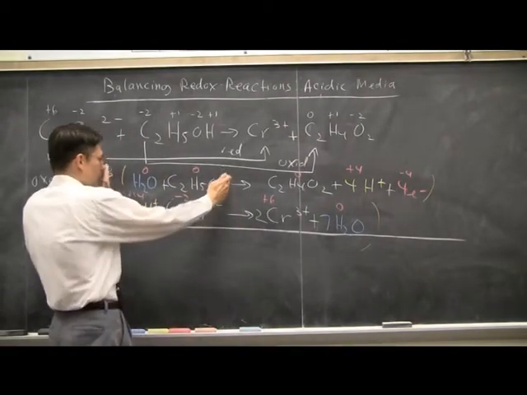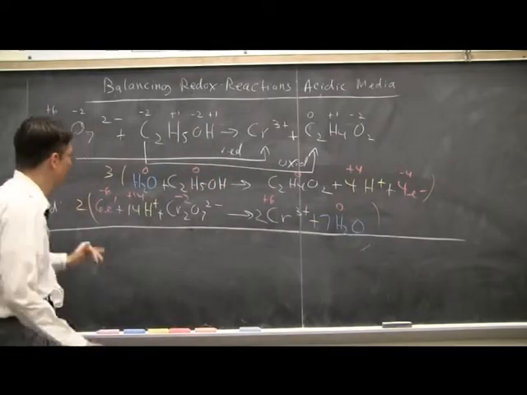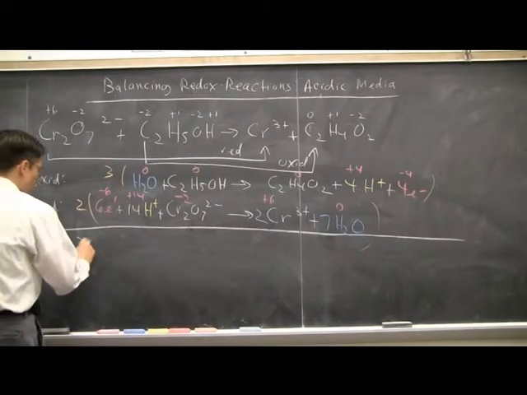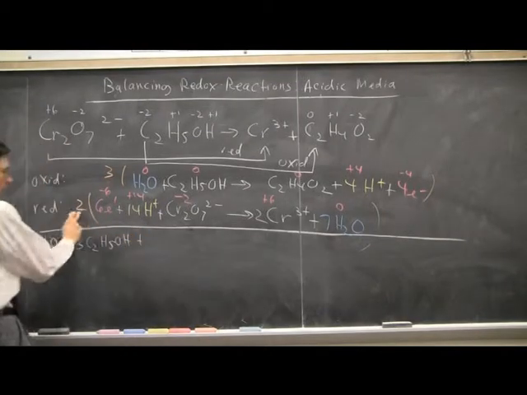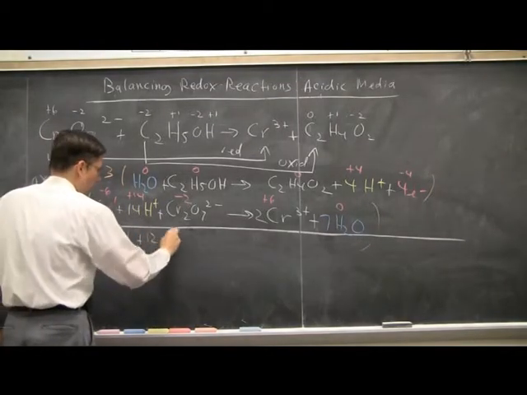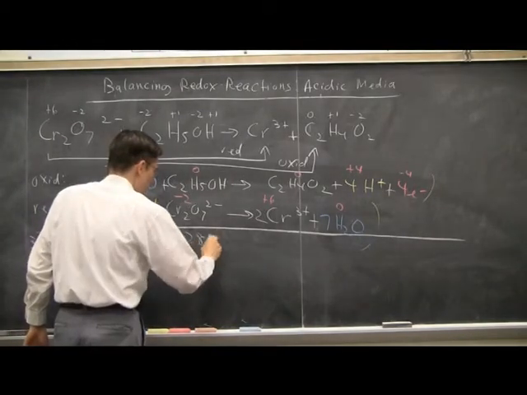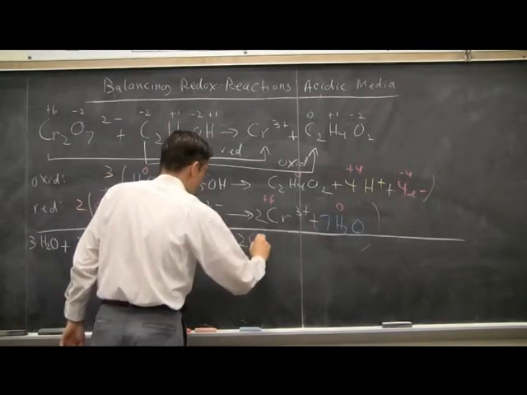We do all the reactant side first, and then we will do the product side over here. So we have 3 waters, 3 C2H5OH, plus we have 2 times 6, that's 12 electrons, 2 times 14, that's 28 H plus. We have 2 dichromates.